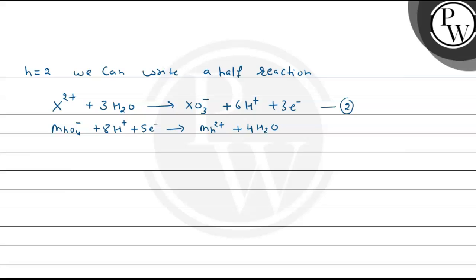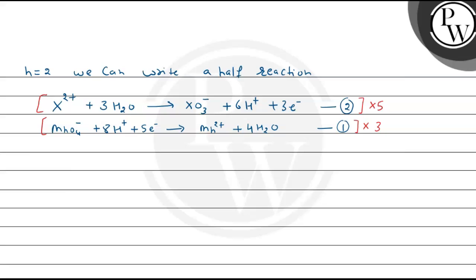This is our equation first, as we have discussed in the first part of the question. To balance the electrons, we have to multiply this equation by 5, and the other equation by 3, and after that we have to add both of these equations.